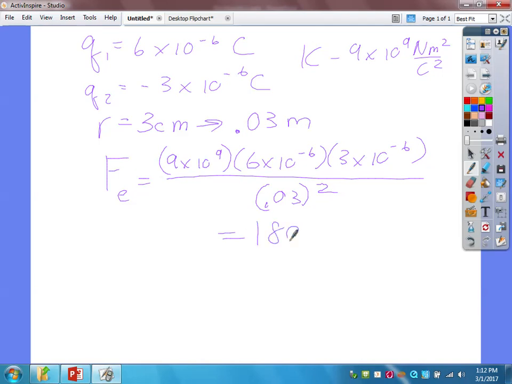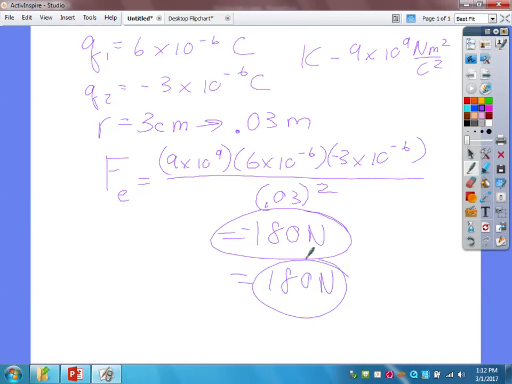We actually have a force of 180 newtons between the two objects. Technically this would be negative 180. In AP physics, it would just be 180, because we would only be interested in the magnitude of the force. So 180 newtons of force between these two spheres.